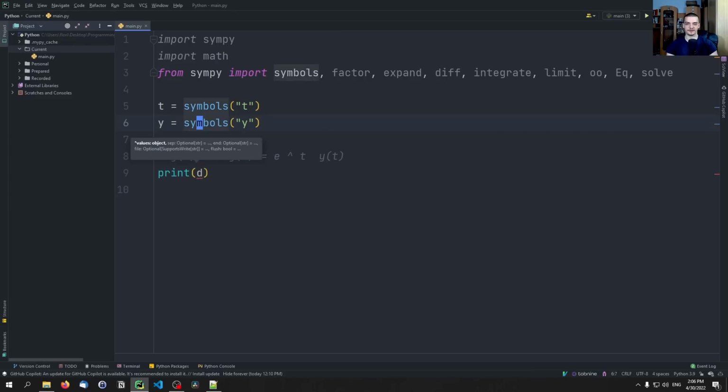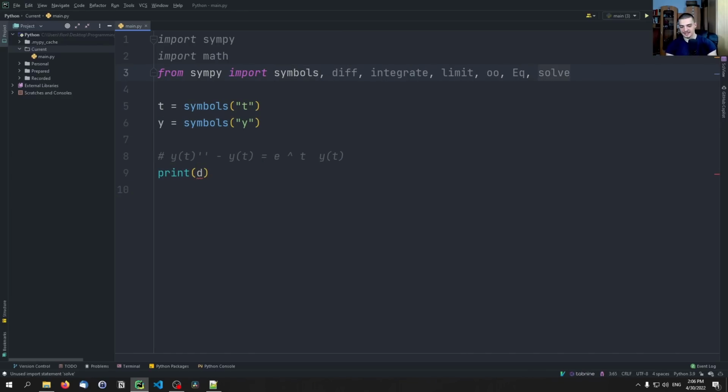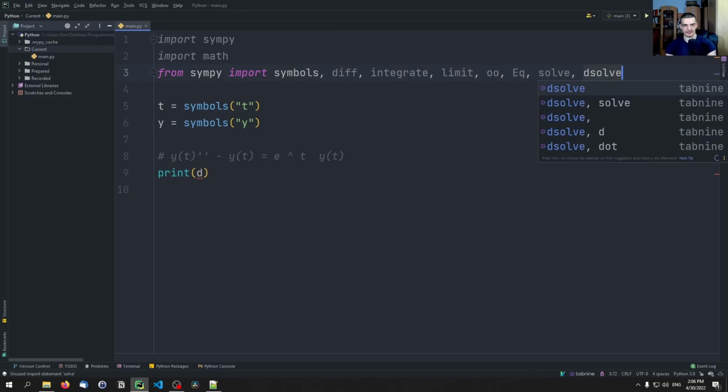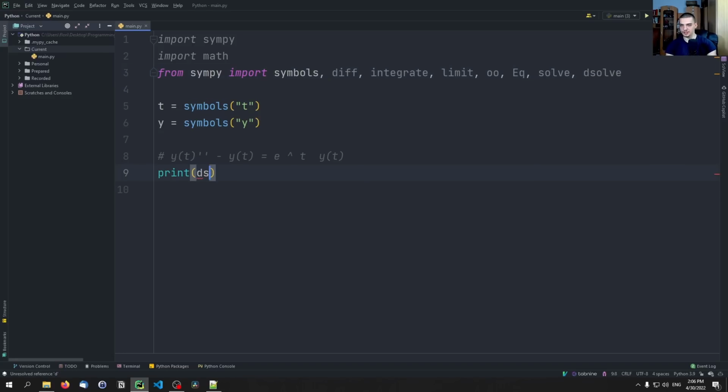So the function that we need for that, and I'm gonna remove those two so that we see what we are importing here, is the dsolve function. So for solving differential equations, we're gonna import dsolve, and we're gonna print dsolve of the equation, and the equation is y of t, so we can also do that when we have the symbols. The symbols can also be functions. And we're going to say dot diff tt.